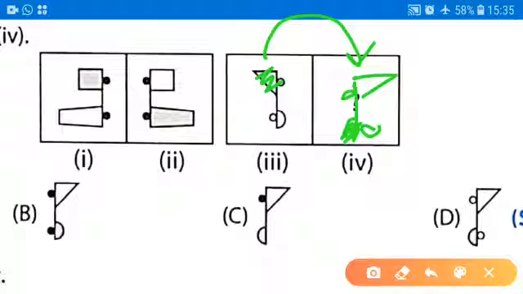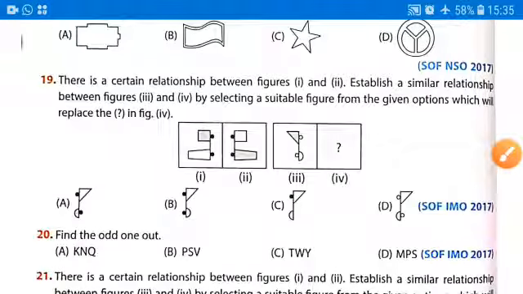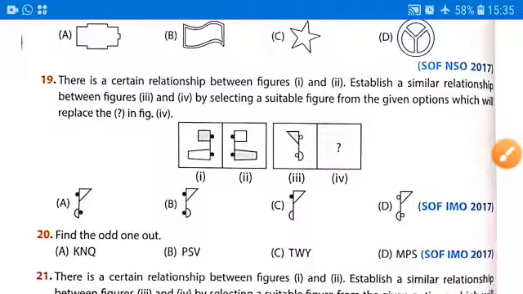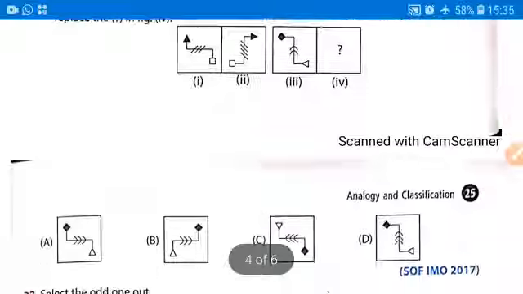Okay, so the correct option, as we can see among the 4, is option number D. Okay, this one is D. This is the mirror image, and the down part is shaded. Okay, so now moving further, let us take the next question, question number 22.